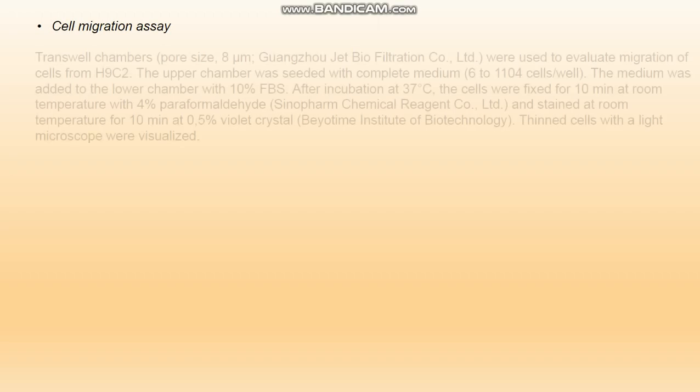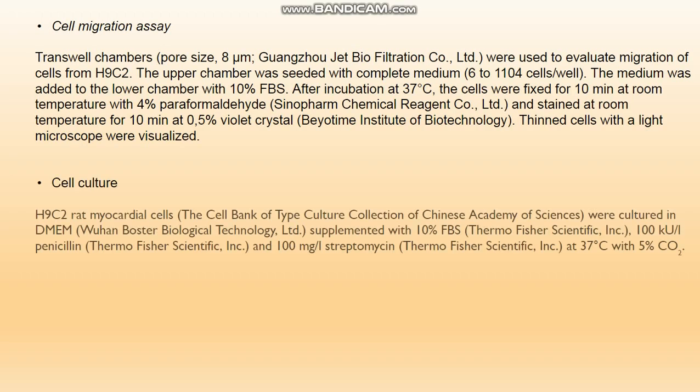So let's go to the next slide. The next slide is all about the cell migration assay. What does cell migration assay mean? Let's learn together. Transwell chambers were used to evaluate migration of H9C2 cells. The upper chamber was filled with complete medium. The medium was added to the lower chamber with 10% FBS.